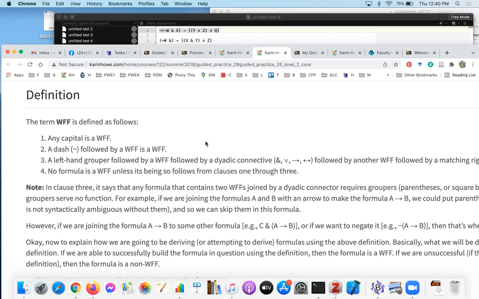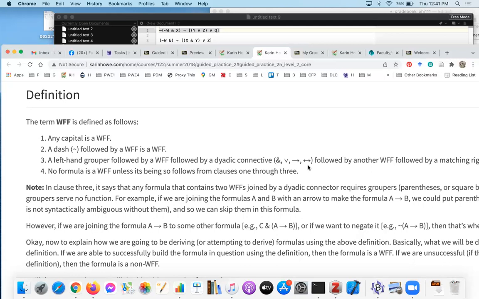Basically what this clause is saying is that we can take any two well-formed formulas and stick them together. We can join them with either ampersand, wedge, arrow, or double arrow.